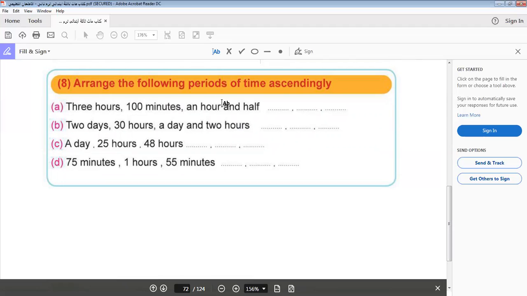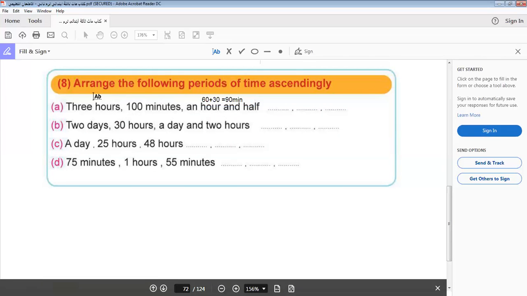So this hour and a half will be the hour is 60, and we said the half is how many? It's 30. Bravo. So it will be 90. It is 90 minutes.